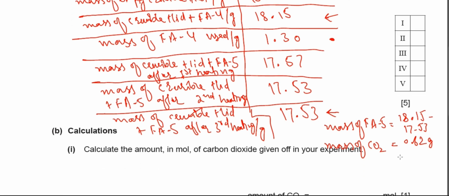By subtracting 0.62 from 1.30, which was the original mass of FA4. When you do this, you will get 1.30 minus 0.62, and we will get 0.68 grams. But these two values should be in the table.